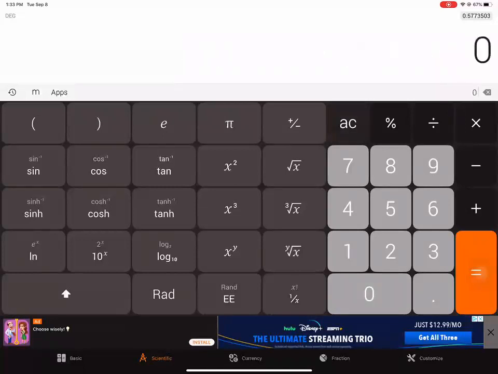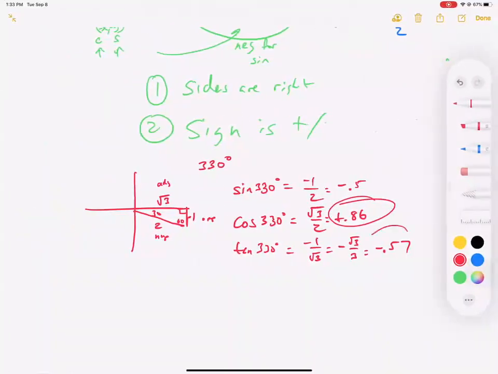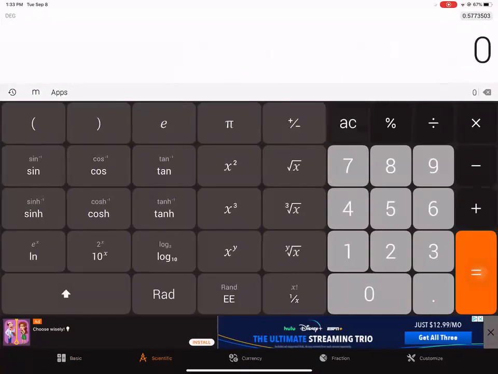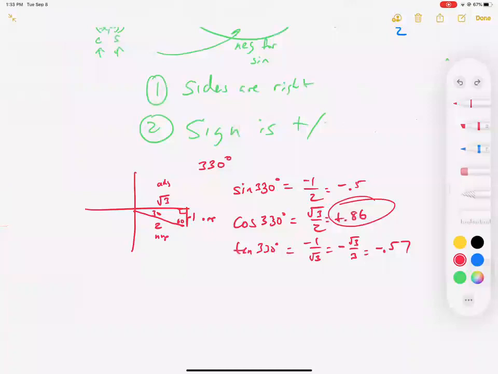Whoops, I need to clear it. 330 tangent is negative 0.57. How about something simple like sine? 330 sine is negative 0.5. So our goal right now is to be able to come up with our 30, 60, 90 degree triangles without using a calculator. That's really what the goal is.